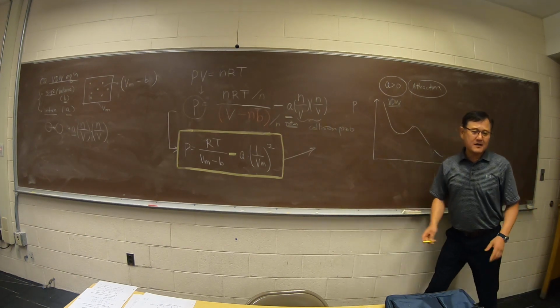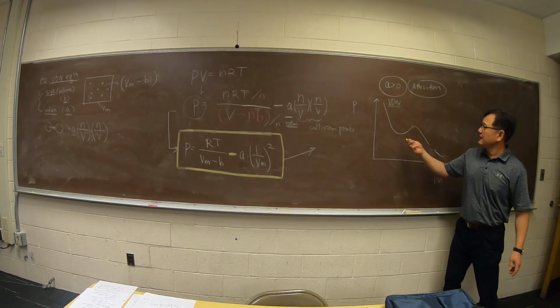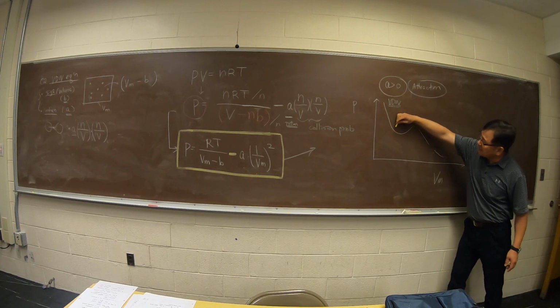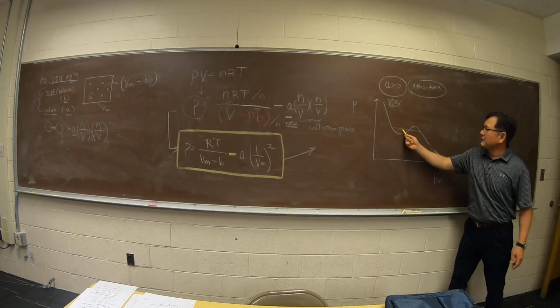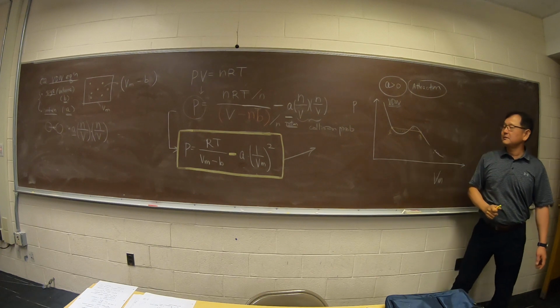Actually, somebody called Maxwell suggested the Maxwell construction. What Maxwell suggested is what this van der Waals gas is trying to give us: if you draw the line that has the same area on both sides, this is the point at which liquid to gas condensation starts to happen.